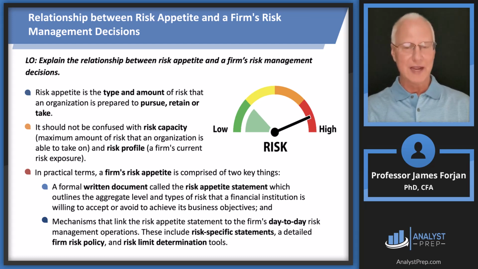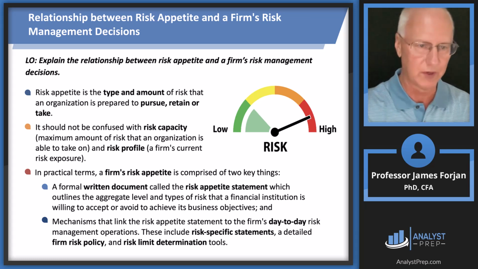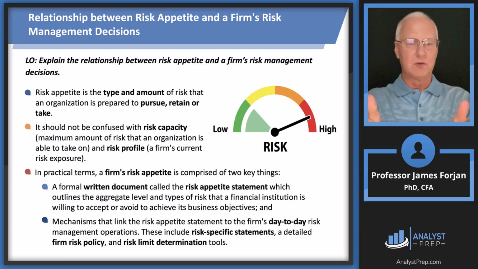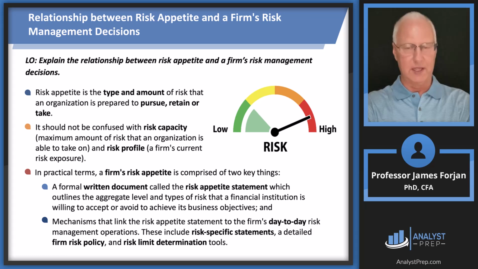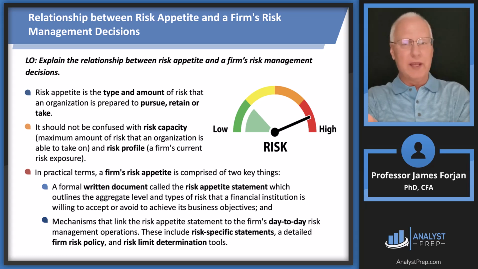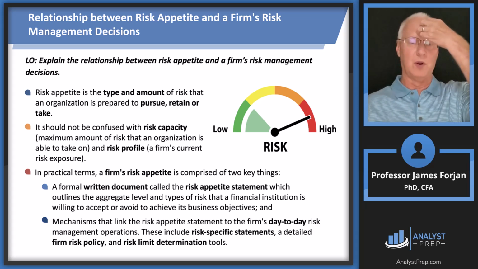But then the second and more important component is that this is the day-to-day evaluation. I mean, it's one thing to say something like, okay, as the chief risk officer, this is how much risk we are able to take, that our appetite enables us to take. Now, we can measure this through beta or standard deviation or value at risk or delta or lambda, and we'll do all that stuff throughout the program.